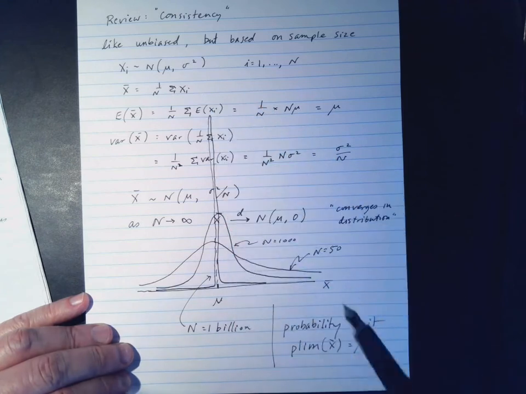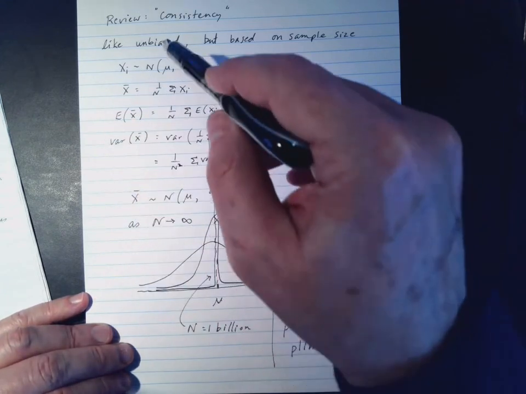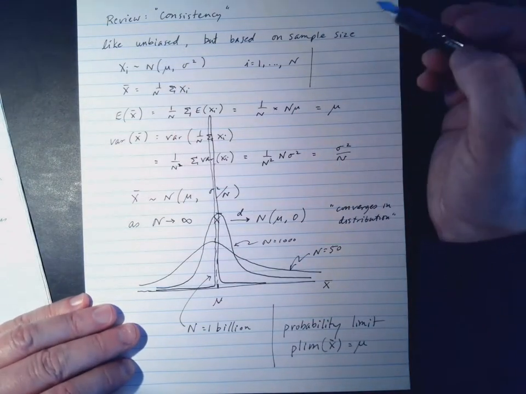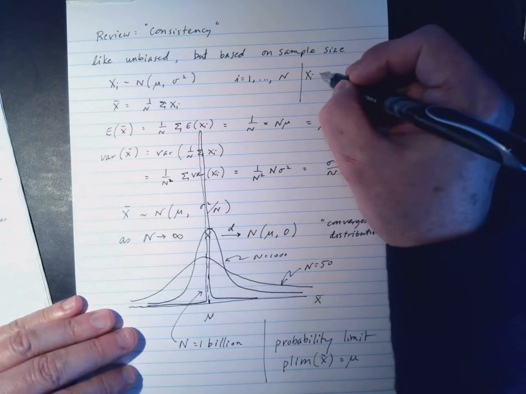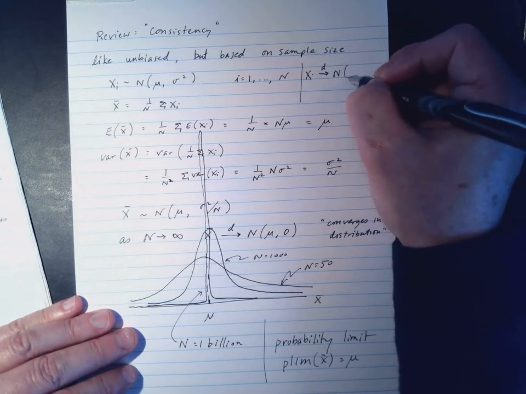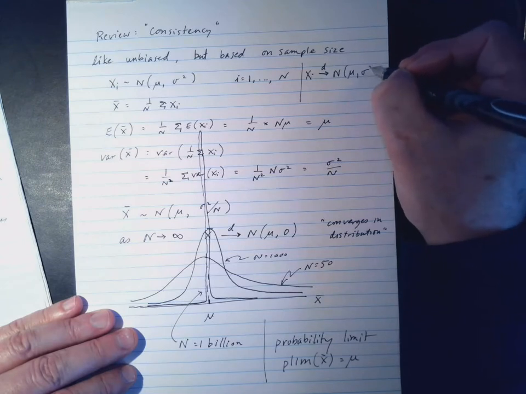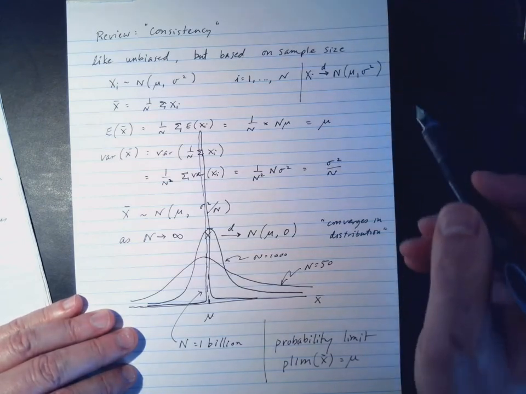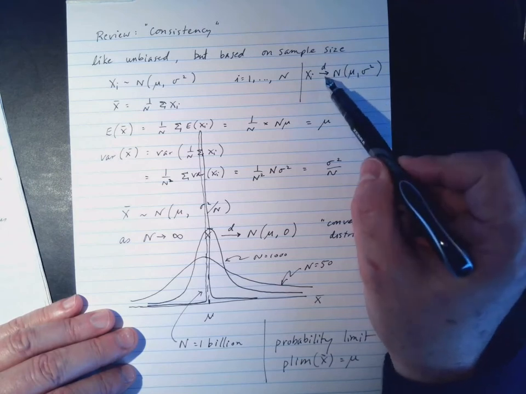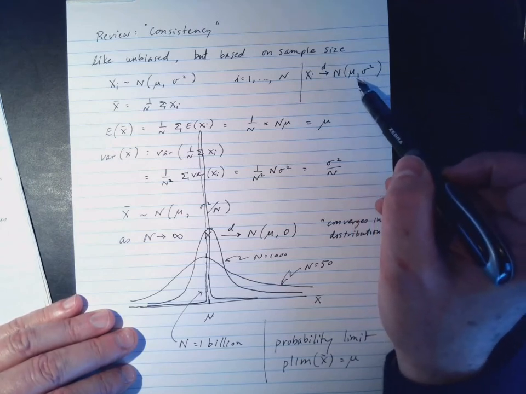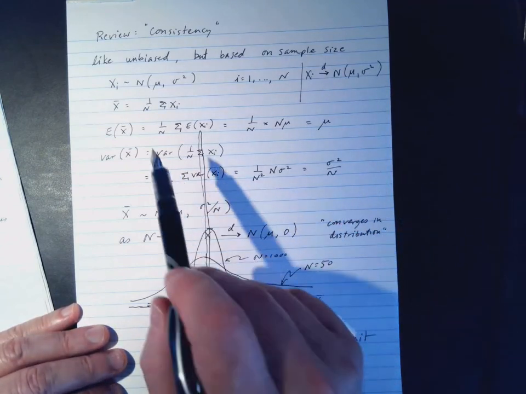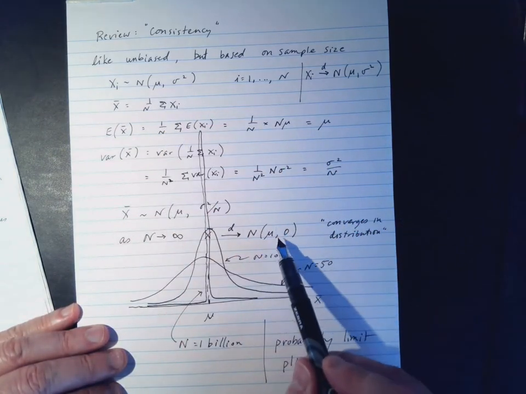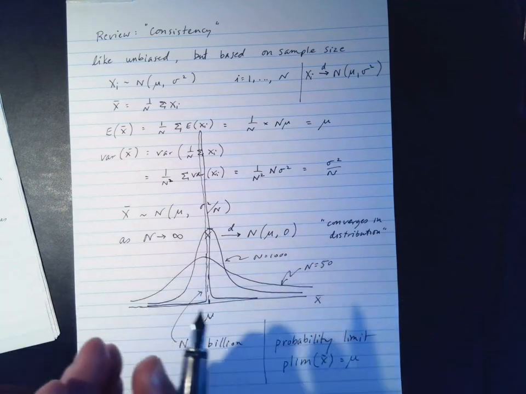The probability limit of x bar is mu. In the case of x, by contrast, since n doesn't enter into it, we would say that xi converges in distribution to the normal distribution with mean mu and variance sigma squared. In other words, it converges in distribution to where it started. But x bar converges in distribution to a distribution with 0 variance.